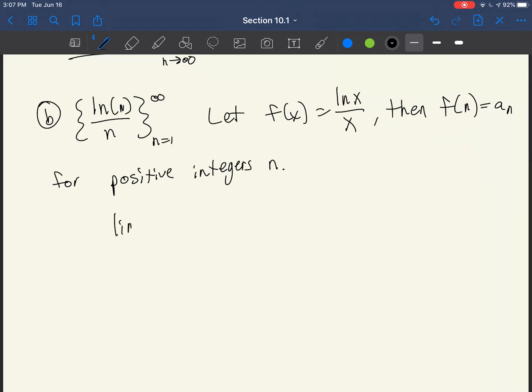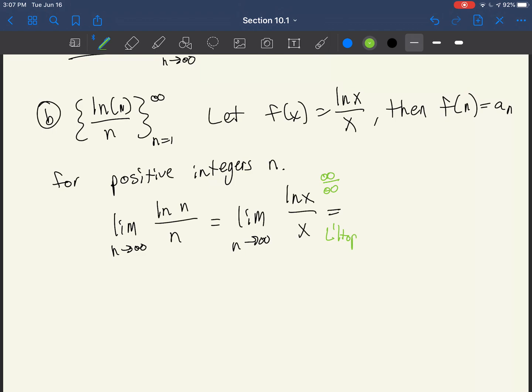So the limit as n goes to infinity of the natural log of n divided by n is the limit as x goes to infinity of the natural log of x divided by x. When you take this limit, you get infinity over infinity, so you have to use L'Hopital's rule.